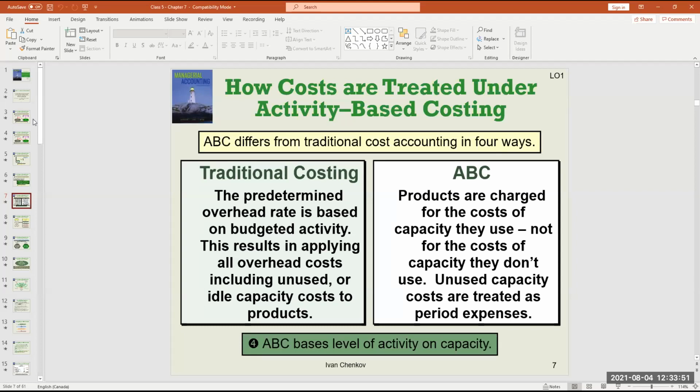So it's not based on the capacity, it's based on the cost. In activity-based costing, products are charged only for the cost that they're using, not for the cost of capacity that is not used. So the idle capacity is not charged. It's left as a common cost for the company.